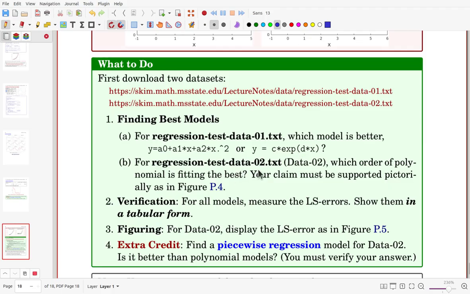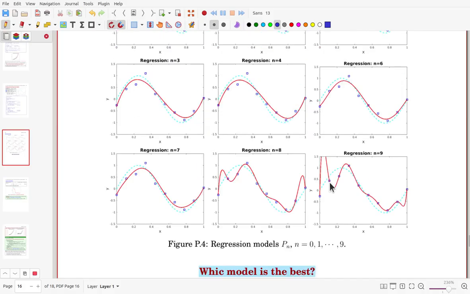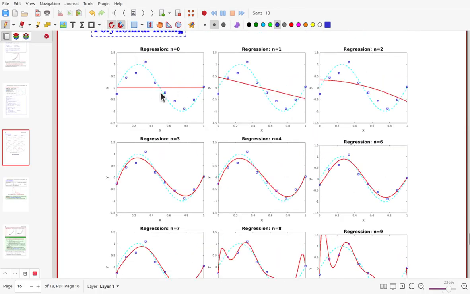And for the second data, I'll ask you to analyze like in this figure, and try to get constant, linear, quadratic, cubic, and so on.